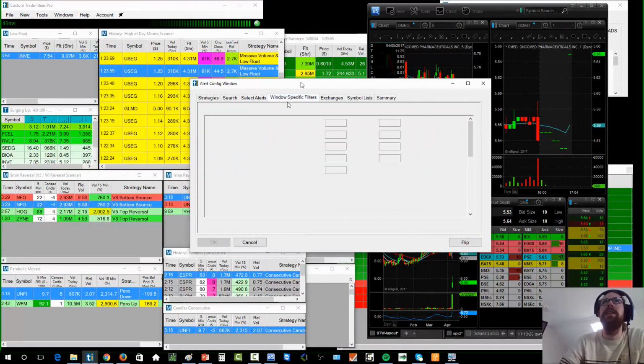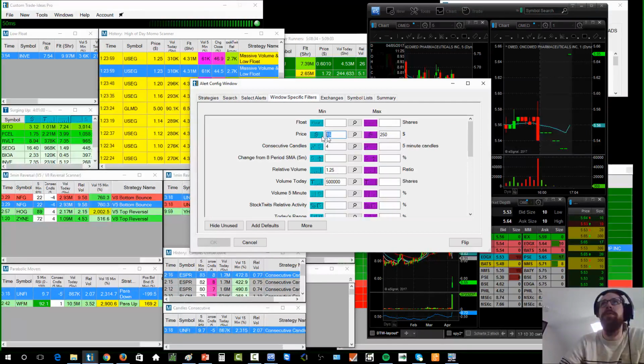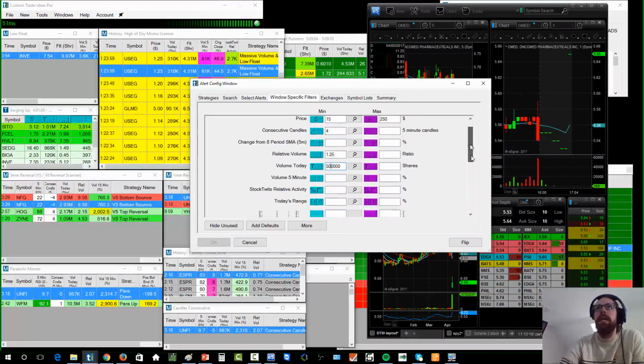So this scanner has a lot of filters, as you can see, priced between 15 and 250. We need at least 4 consecutive green candles. All right, that's significant. And we need a relative volume of 1.25, just slightly higher than average. Volume today, 500,000 shares, higher volume. Scrolling down, scrolling down.